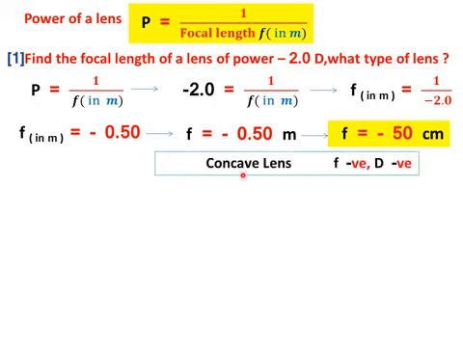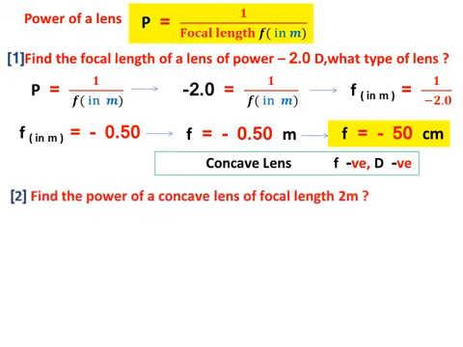And the conclusion is that it is a concave lens because focal length is negative and the power of a lens is also negative.